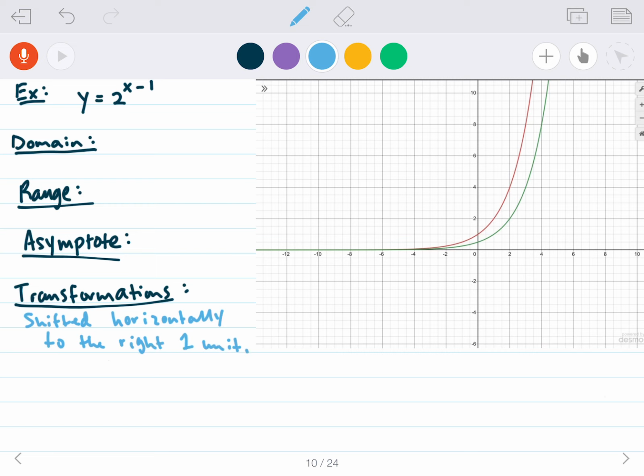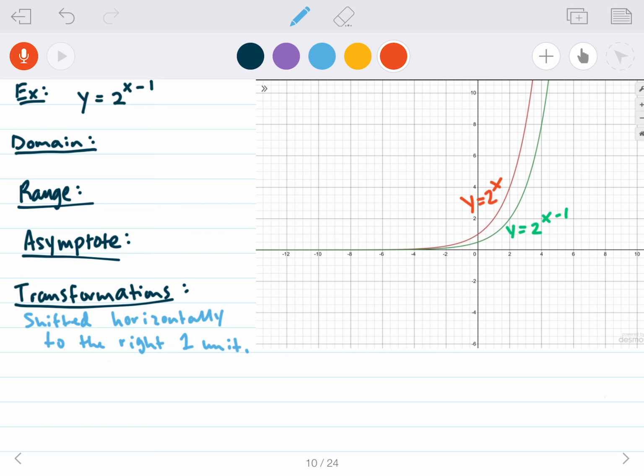Okay, so this green is y equals 2 to the x minus 1, and the red is just going to be y equals 2 to the x, which is the parent function. So we're moving the parent function to the right 1 unit. Okay, so what's the domain?